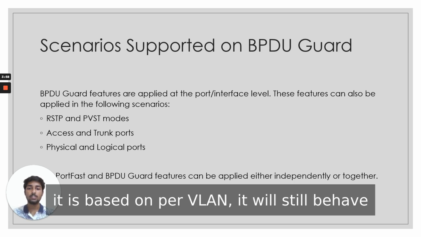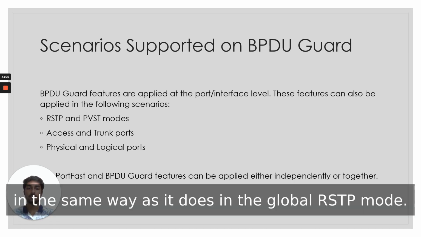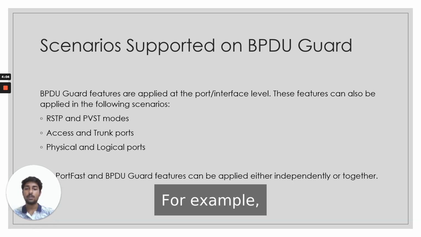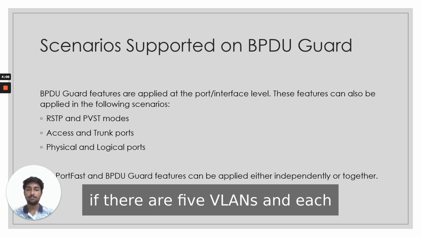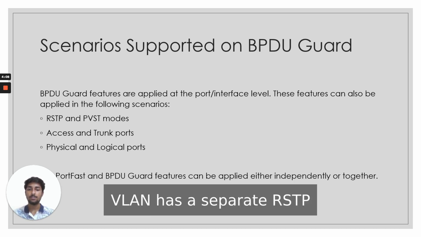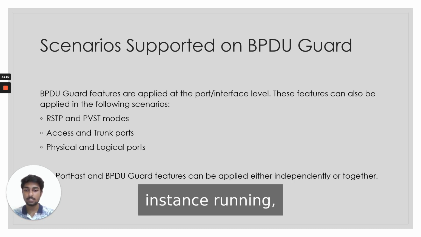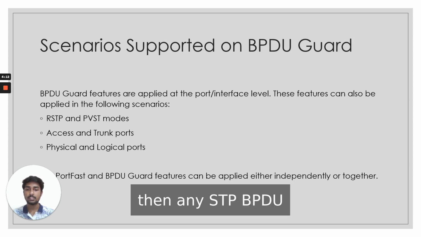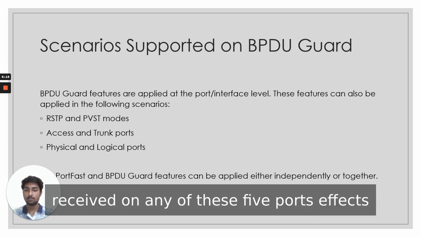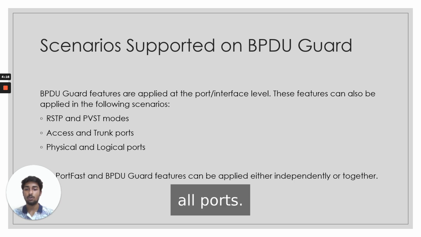Though it is based on per VLAN, it will still behave in the same way as it does in the global RSTP mode. For example, if there are 5 VLANs and each VLAN has a separate RSTP instance running, then any STP BPDU received on any of these 5 ports affects all ports.